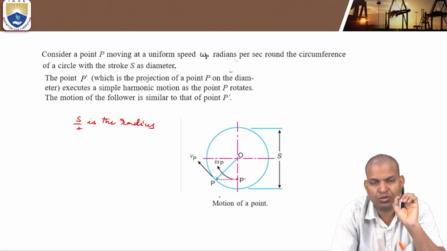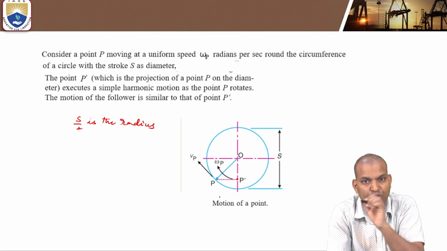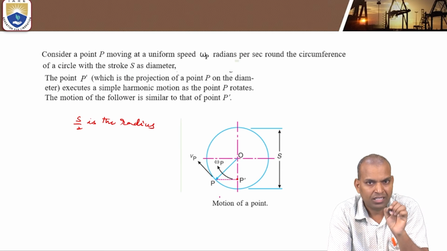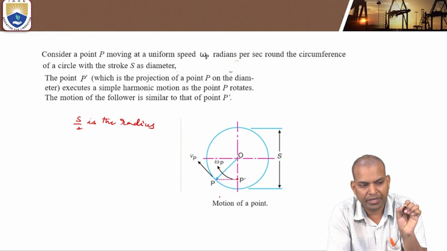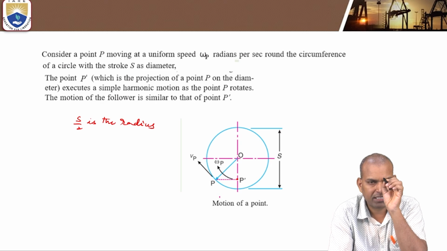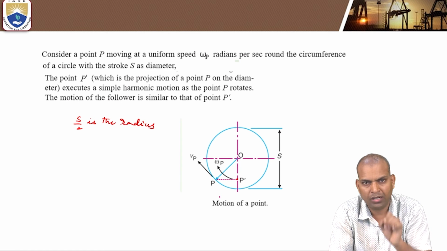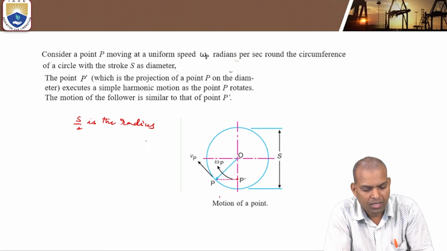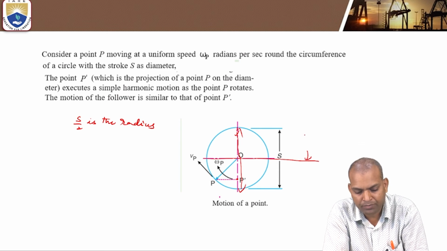Why is it simple harmonic motion? Because the projection of point P, moving with uniform speed, moves up and down on the y-axis about the center. This axis is known as the equilibrium position or mean position line.